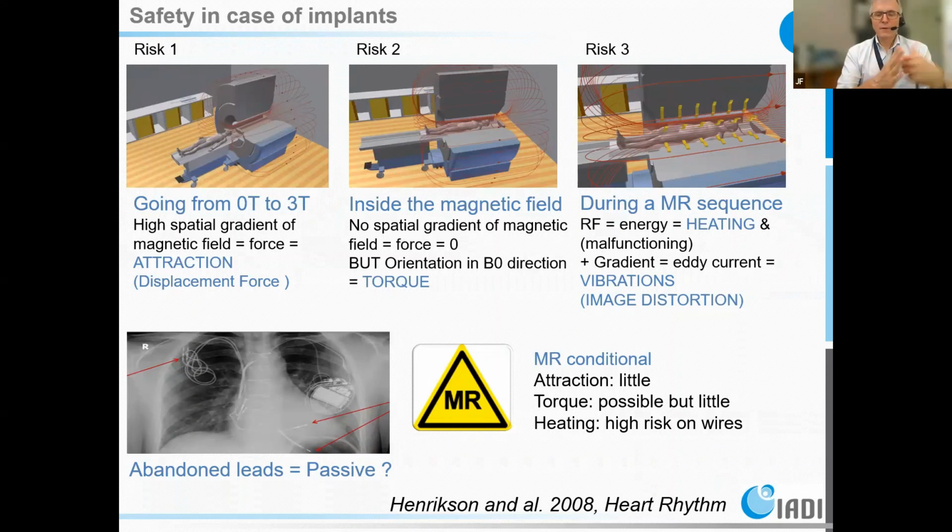You have to go first to the cardiologist. The pacemaker will be switched to an MR mode, so it is not waiting for a pulse from the patient, but sending pulses every 60 or 70 pulses per minute. And after, you have no control during the exam. And when he goes out of the system, he has to go again to the cardiologist to check the threshold and all this. Perfect.